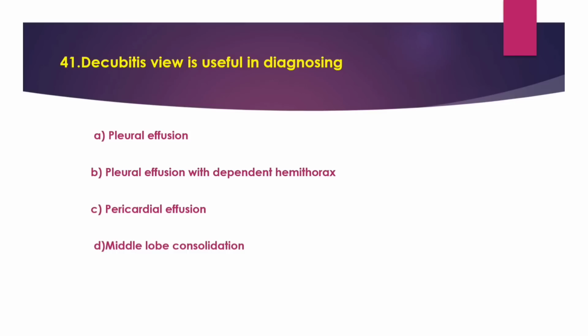If the patient is lying on the right side, it is called right lateral decubitus, and if on the left side, left lateral decubitus. This view is usually for diagnosing the fluid level. So the answer is option B, pleural effusion with dependent hemithorax.